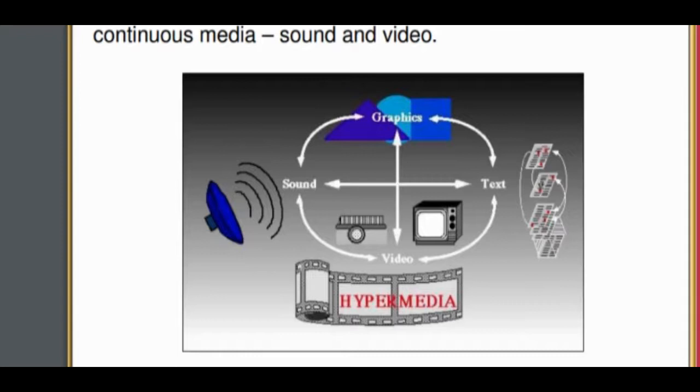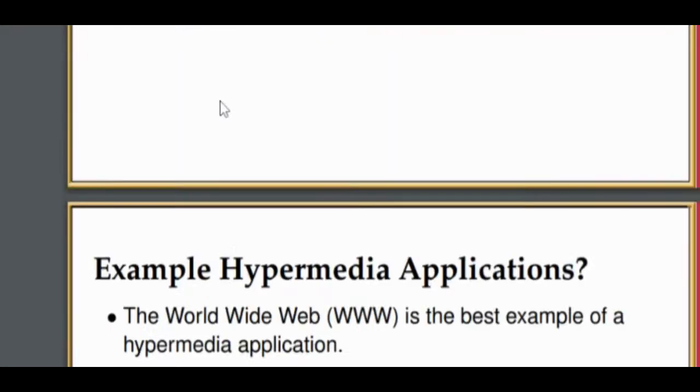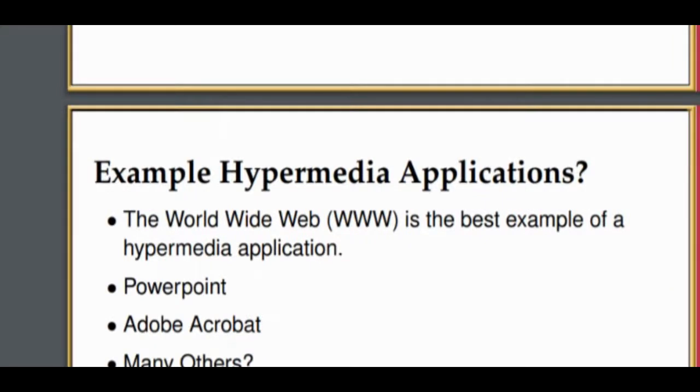And by clicking those contents, you can navigate to some other object. So in this diagram, you can see how a hypermedia object can be organized. Examples of hypermedia applications can be World Wide Web, PowerPoint, Acrobat, and many others.